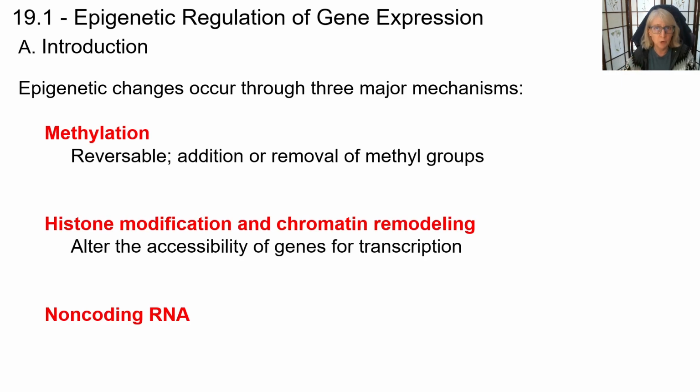If you add methyl groups, it usually decreases the amount of transcription, or you can remove them and increase the amount of transcription. You can modify histones: you can methylate them, acetylate them, phosphorylate them.